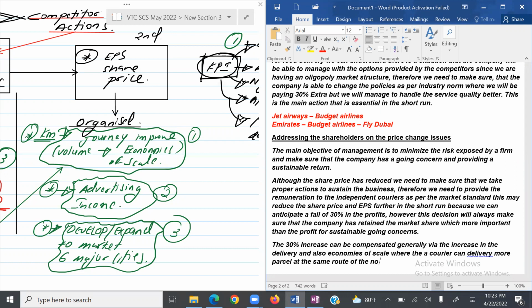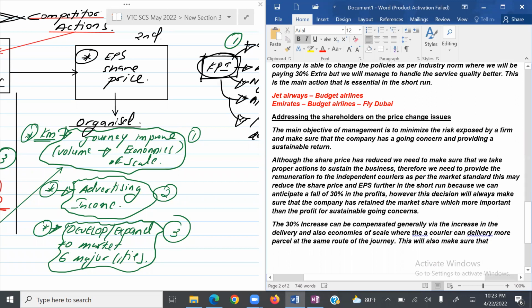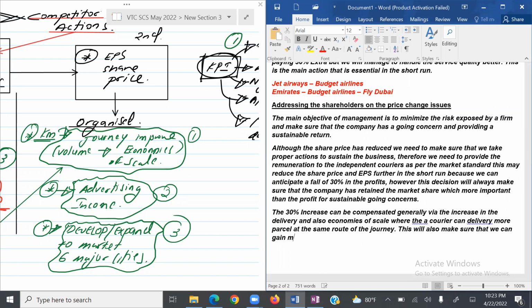That is like the Uber Pool they have. That is one understanding. This will also make sure that we can gain more customers and also more restaurant chains in the long run. We'll stop.